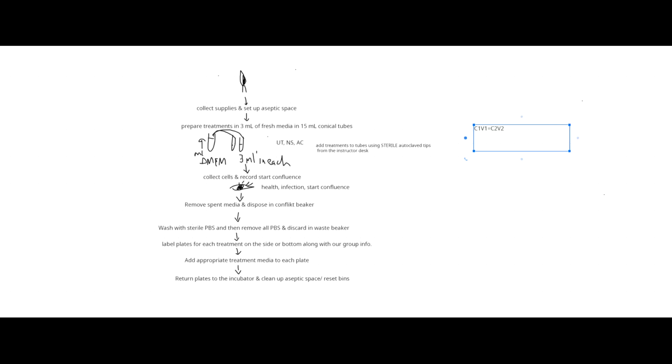C2 is going to be your X in this case, right? Which is the final working concentration of drug that the cells receive. And V2 is going to equal 3 ml.